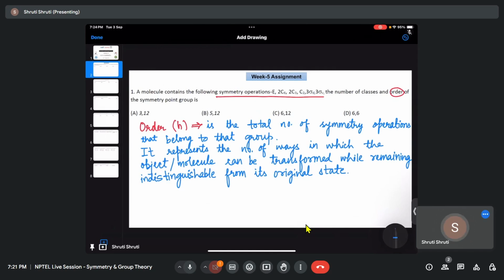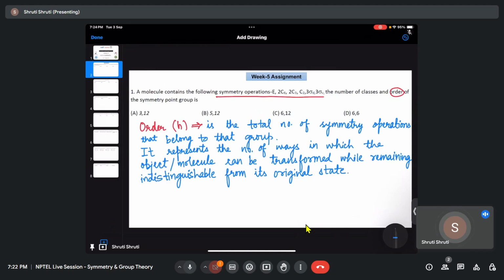Now order of a group, which is denoted by H, is the total number of symmetry operations that belong to that particular group. So total number of symmetry operations represents the number of ways in which the molecule or the object in concern can be transformed while it remains indistinguishable from the original state.